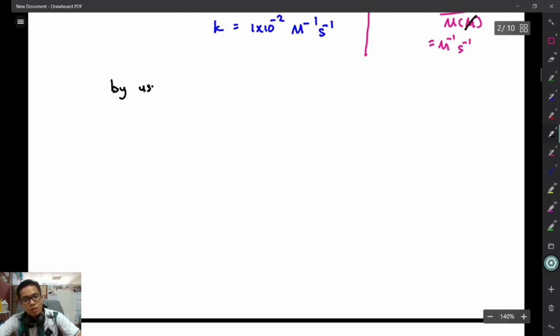By using the Arrhenius equation, k equals A e to the negative Ea over RT. This is the Arrhenius equation.